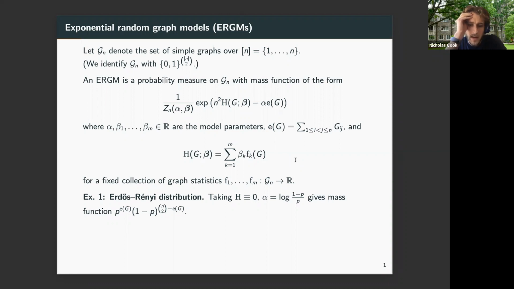Okay, so just as a couple of simple examples, the simplest example is where you just take the Hamiltonian to be 0. So you don't give any sort of positive or negative weight to any sort of graph statistics. All you have is this edge count having some weight.